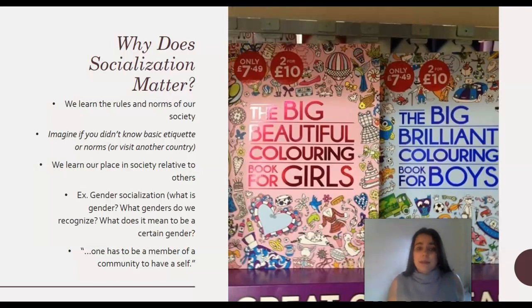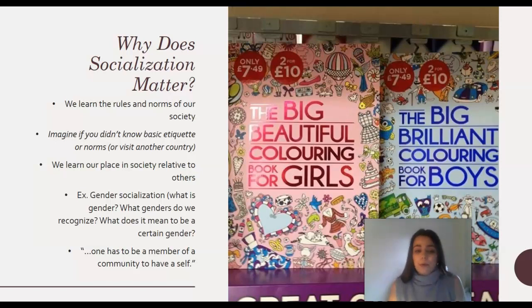Similarly, some of you may have visited another country or culture where you didn't know the basic norms and values, and you might reflect on how out of place you felt. So socialization is really important for creating a cohesive society where everyone's on the same page and knows the same rules, and that's really important for the function of society as a whole.